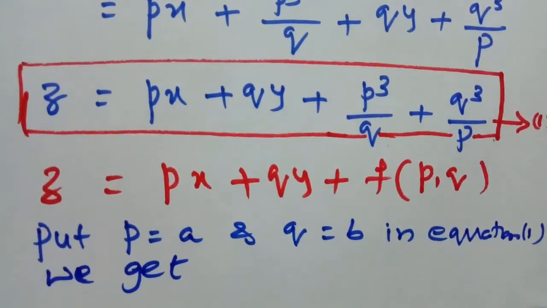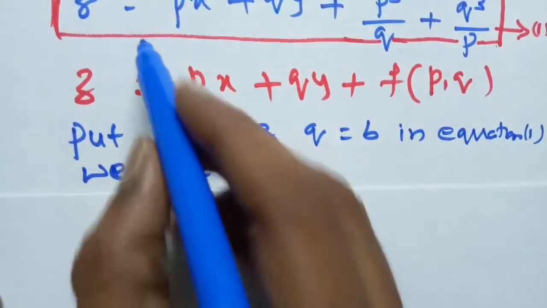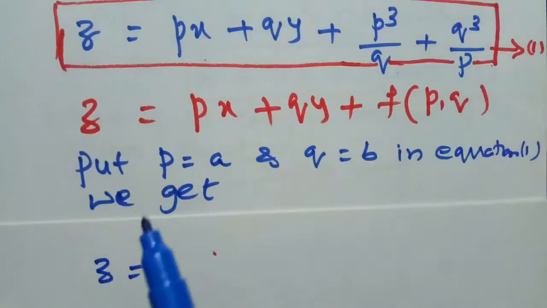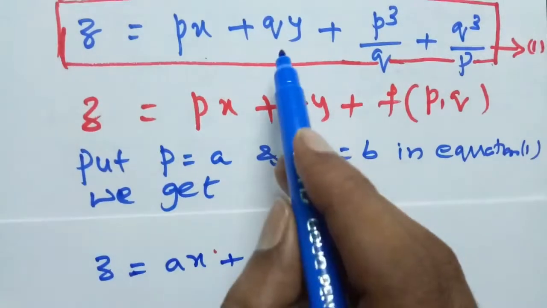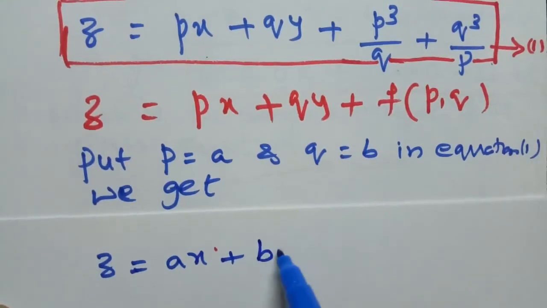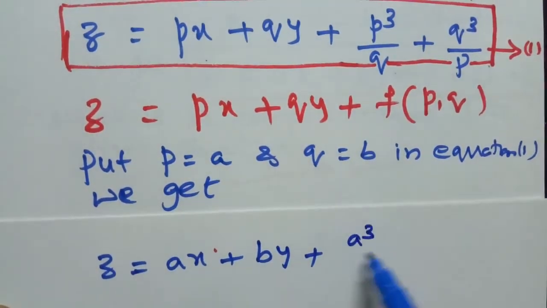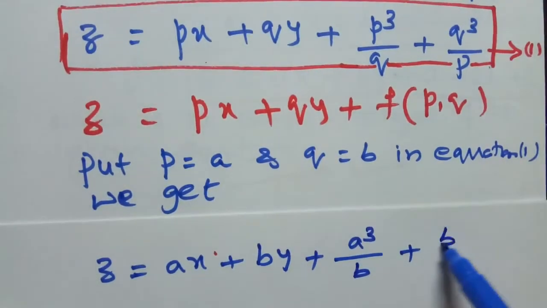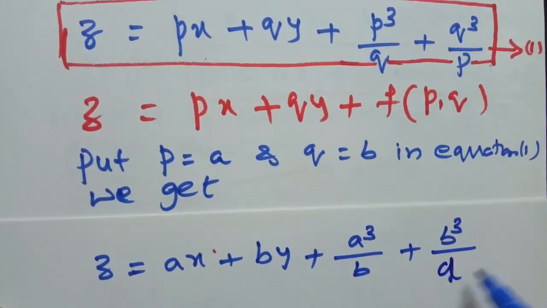We get z is equal to p into x, that is a into x, plus q into y, that is b into y, plus p cube by q, a cube by b, plus q cube, b cube by a.